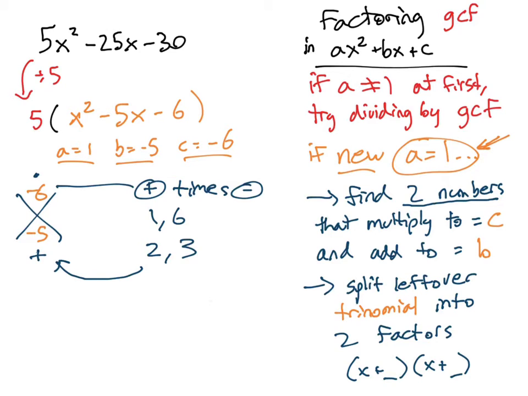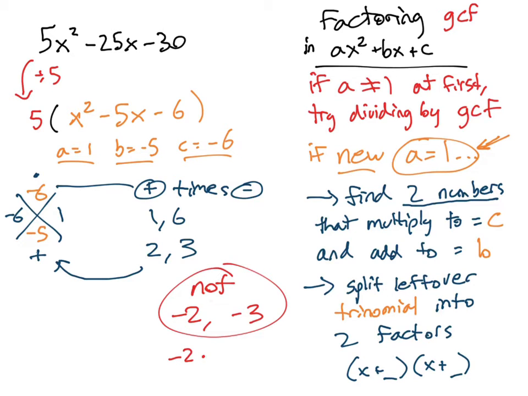So the only way to solve that puzzle with these options is if we multiply -6 times 1, that gives us -6, and -6 plus 1 gives us -5. It's tempting here to try to choose -2 and -3, but that would not work because if we multiply together -2 times -3, that gets us +6, and we're trying to multiply to get -6.